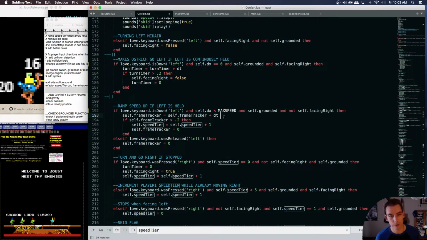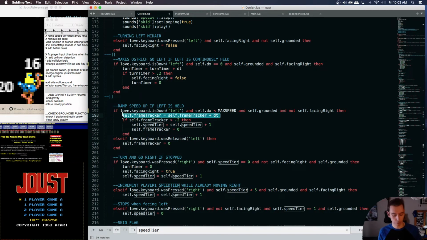Now, this frame tracker bit is unnecessary, because we only needed frame tracker because we had five speed tiers, and we're saying every 1/5 of a second increment your speed tier, because over the course of 1 second it needs to increment 5 speed tiers. So we don't need frame tracker anymore.